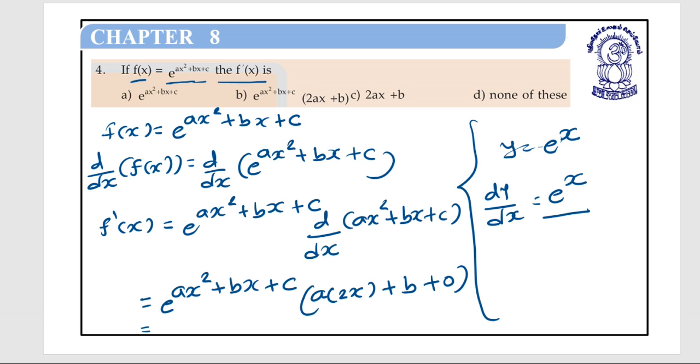So it is 2ax plus b into e raised to ax square plus bx plus c. So option B is the right answer of question number 4.